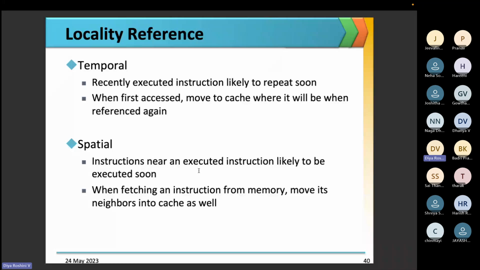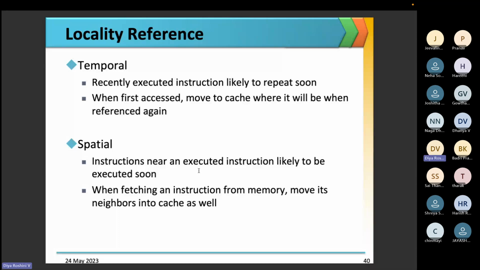As for spatial locality, if the processor asks for a particular instruction, I will not bring only that instruction to the cache. Rather, I'll bring the instructions that are closer to the required instruction, basically the ones above and below. This set of instructions we call a block of memory.